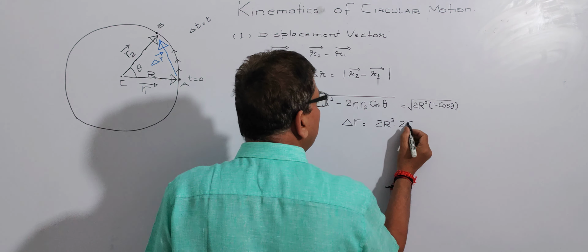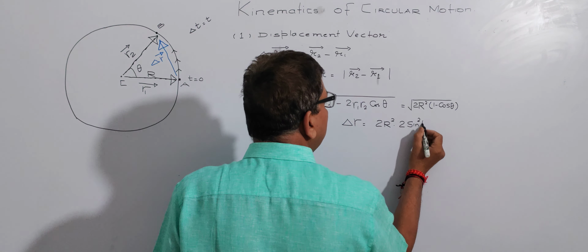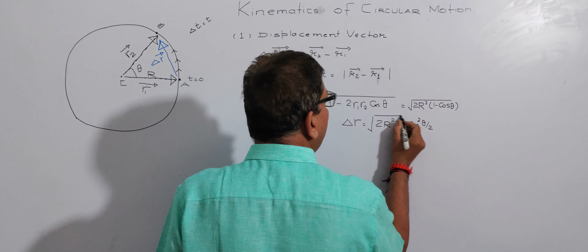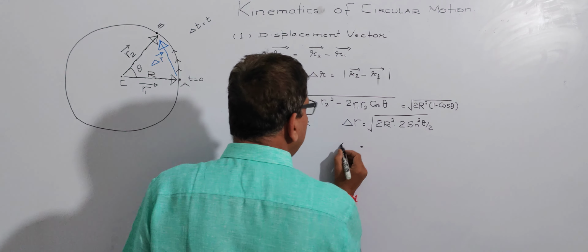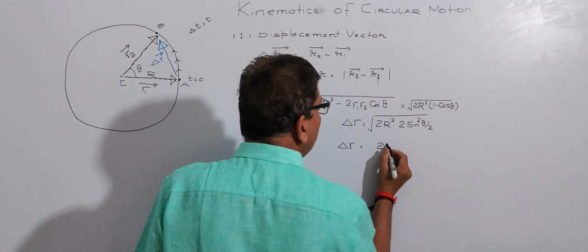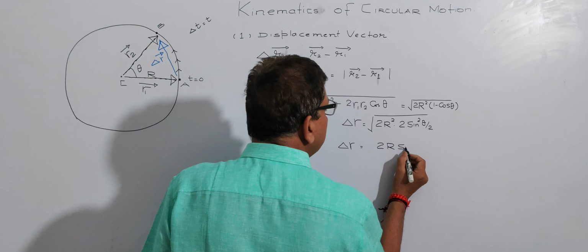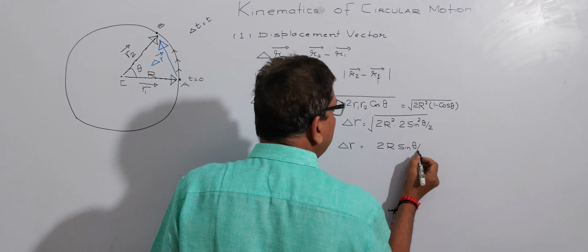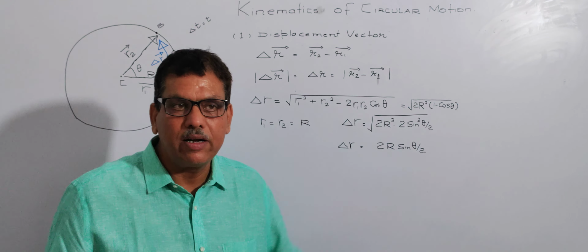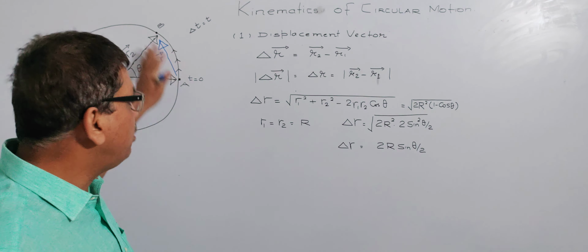Now the displacement delta r is the square root of 2r square times 2 sine square theta by 2, so delta r equals 2r sine theta by 2. Is it clear? This is the magnitude of the displacement vector when the object is moving from A to B.